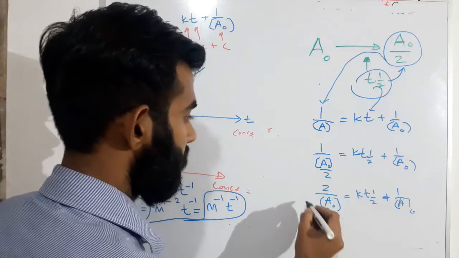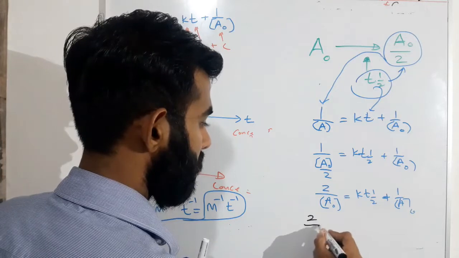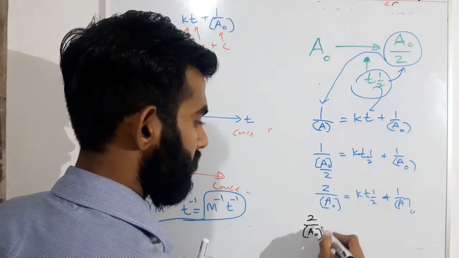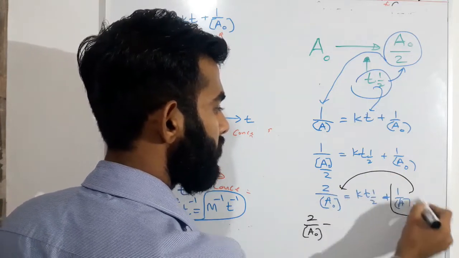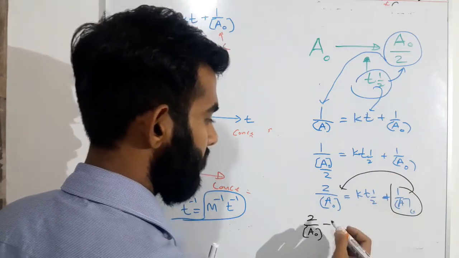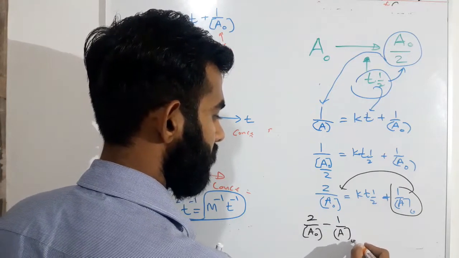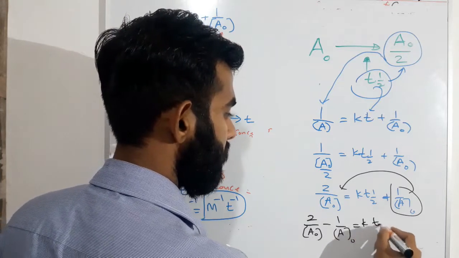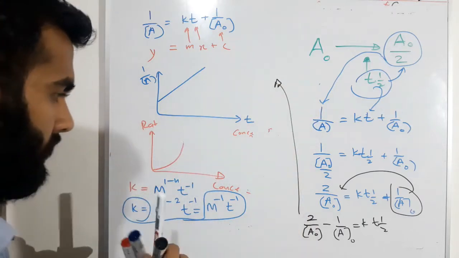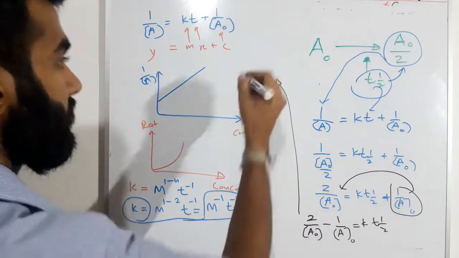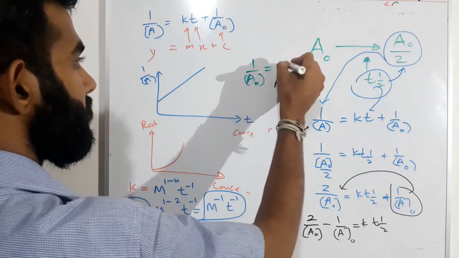So if we rearrange this equation, I will move this 1 over A naught part to the left side. 1 over A naught equals k t half. What will be the answer? Here 2, here 1. 1 over A naught is equal to k t half.